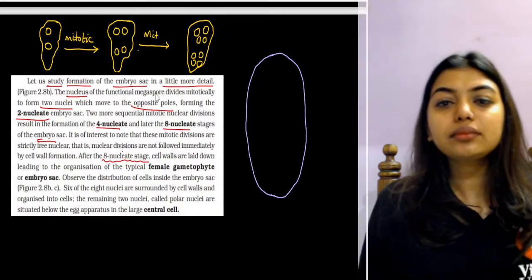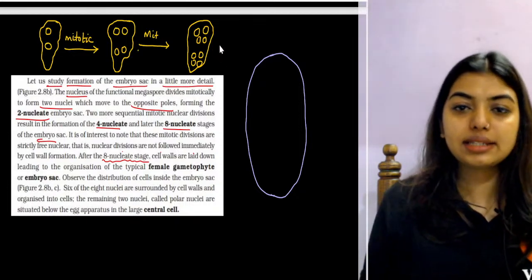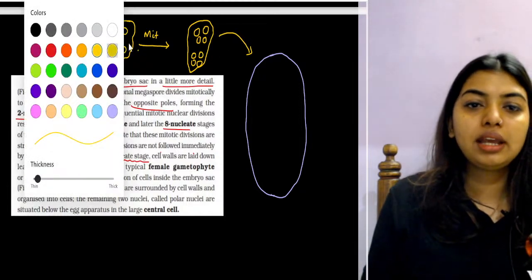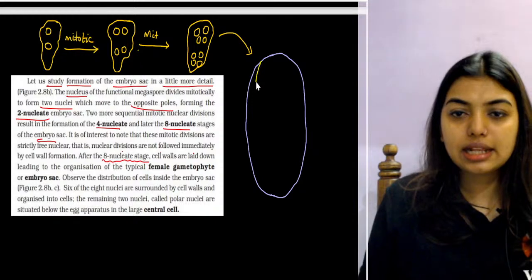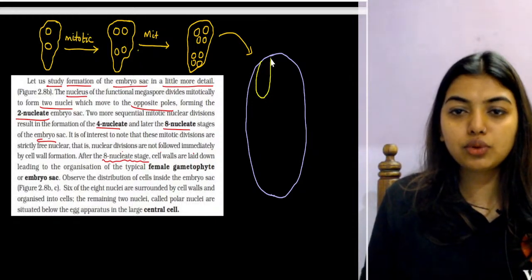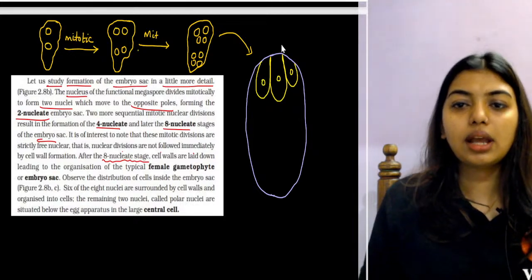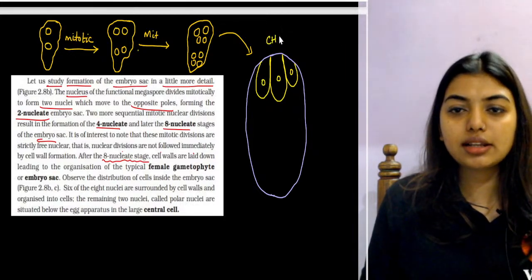From this 8 cell stage, it has reached a complete embryo sac. Now what is going to happen? Let's say the antipodal cells move to one pole, and that end is called the chalazal end.